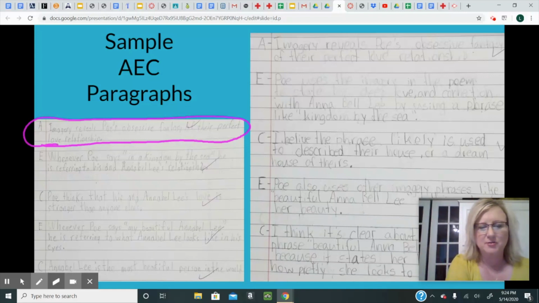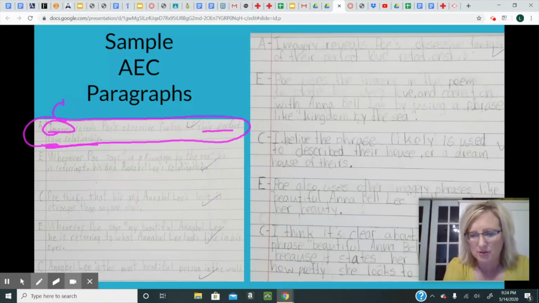And it was a great place for them to just do a quick little practice, right? And imagery, well, that was my concrete part there, reveals Poe's obsessive fantasy of their perfect love relationship. So this was the abstract part there. So it was a good topic sentence, very basic, but it allowed students a good bit of leeway with imagery.